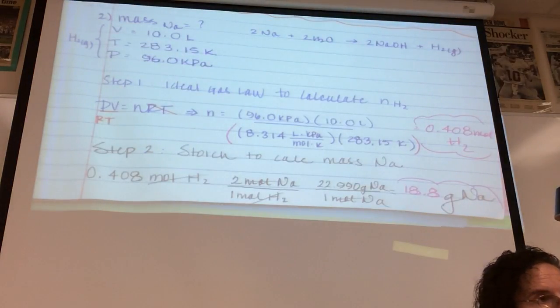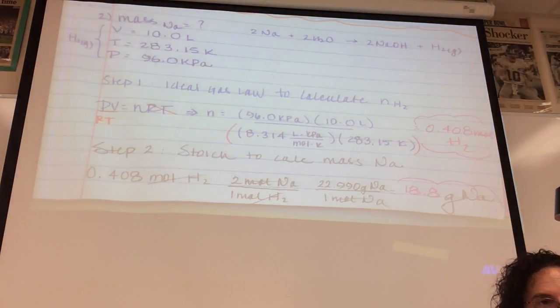Okay? So now, hopefully, you have some insight in regard to using the ideal gas law with stoichiometry. You have to understand when to use it. If you're given the mass of a solid or a liquid and asked about a gas variable, you'll need both.